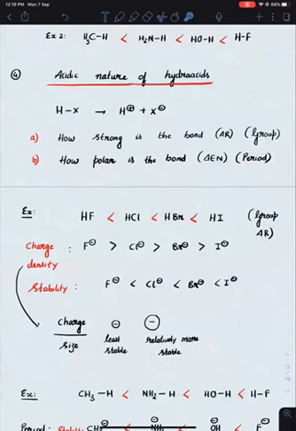Hence, there is a possibility for the combination of X minus with H positive to convert back into HX. So if more and more X minus are combining with H positive, the H positive in the system will be decreased and the acidic strength of the HX decreases. If X minus is not combining with H positive, then the H positive in the system will be more, and we say it will be a stronger acid.